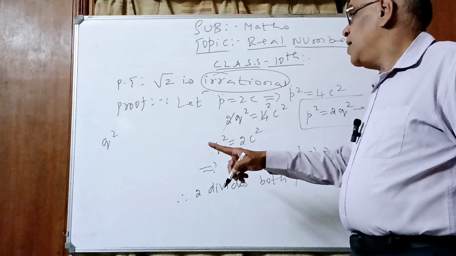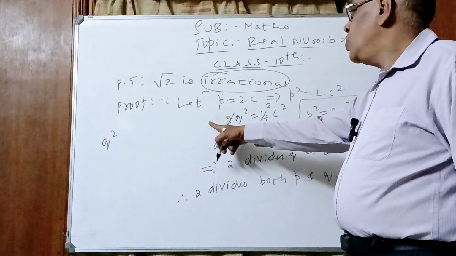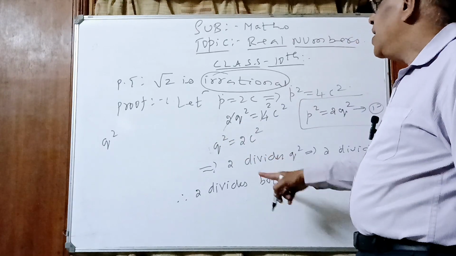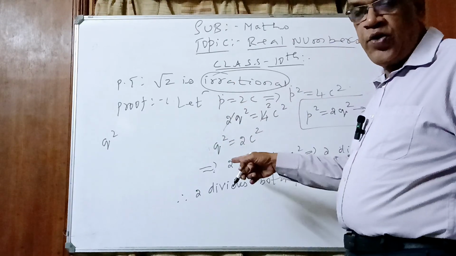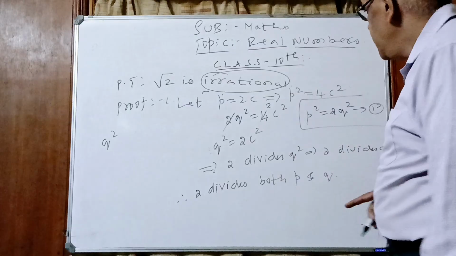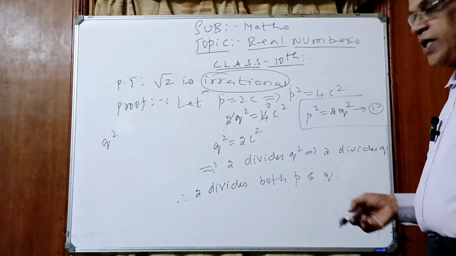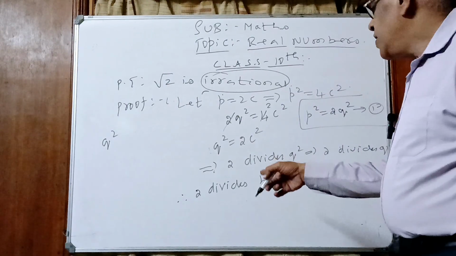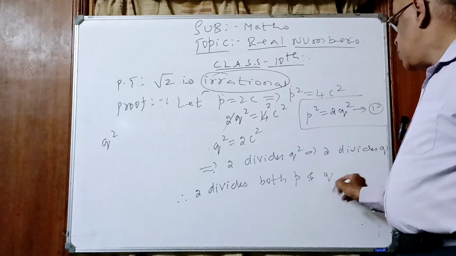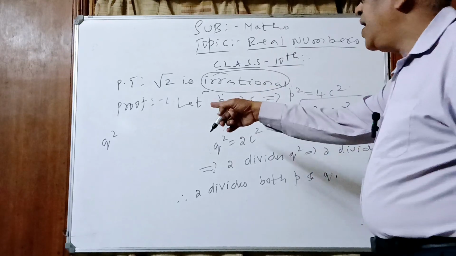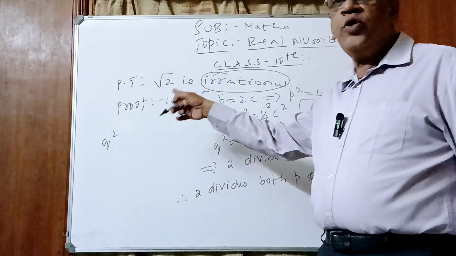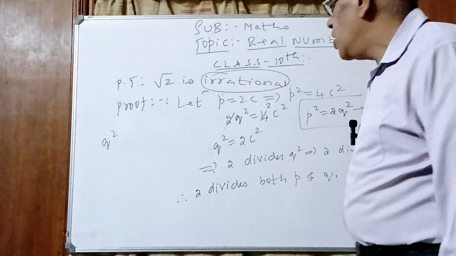our assumption. What we said here: let root 2 is equal to p by q, where both p and q are co-prime, that is the HCF is 1. Yes or no? So what we said here is 2 divides both p and q. But in the beginning we said, let us assume that root 2 is equal to p by q, where both p and q are co-prime.